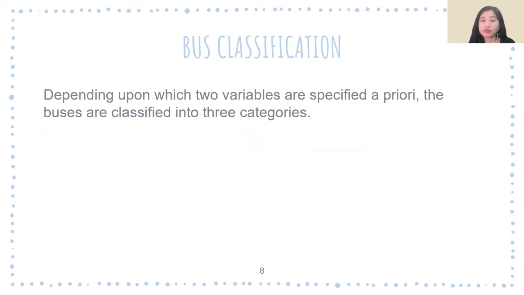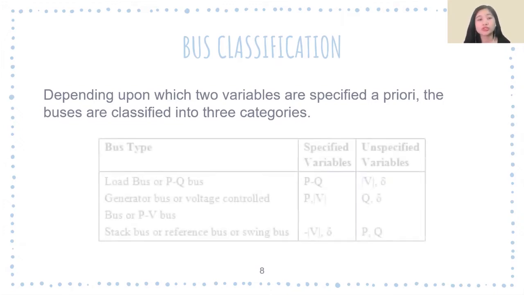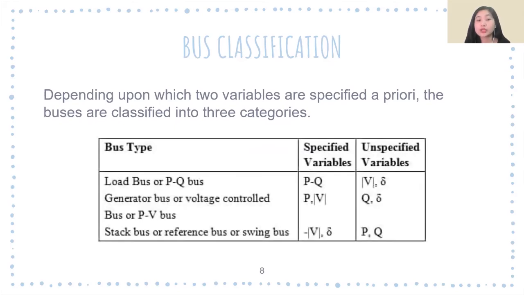Depending upon the two variables that are specified, the buses are classified into three categories, because our bus classification depends upon the type, that is, what the unknown variables are and what the specified variables are. The bus types are the load bus or PQ bus, the generator bus or voltage controlled bus or PV bus, and the slack bus or reference bus or swing bus. So they have different terms per designated classification.